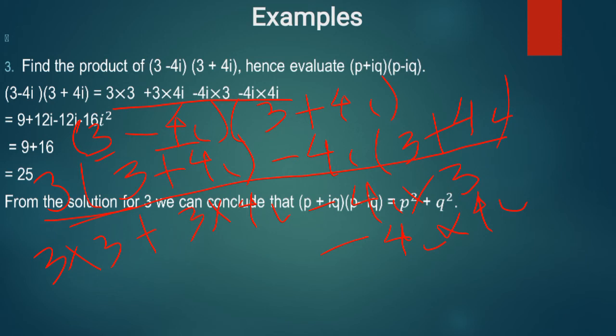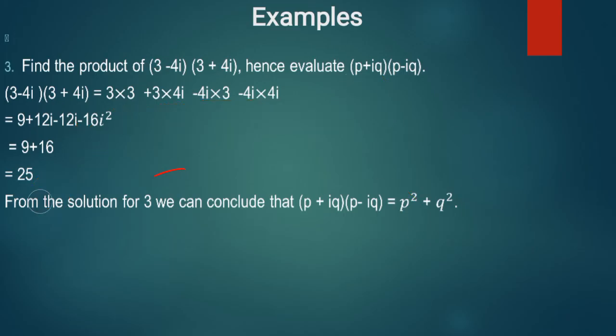You can also pause at this point and try and see if it tallies with what you have on the screen. Okay, so I'm going to clean this so we can see what we're doing next. So we've seen how we got the step you saw earlier. So now we know how we got this term here. So we need to multiply out. 3 times 3 is 9. 3 times 4i is going to give me 12i.